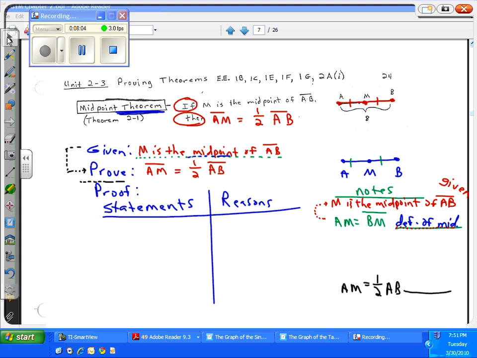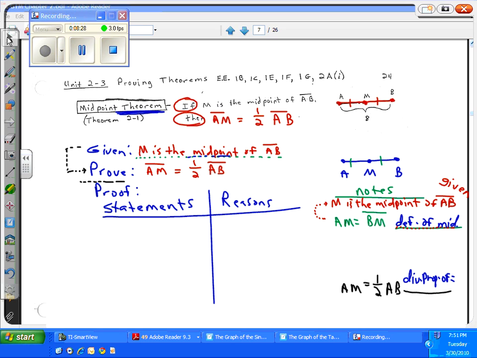So when we go through all the things we've ever learned, it seems that the only way we're going to get there is to divide. So I'm going to hypothesize, if you will, that my final reason is going to be division property of equality. I'm going to divide by 2.